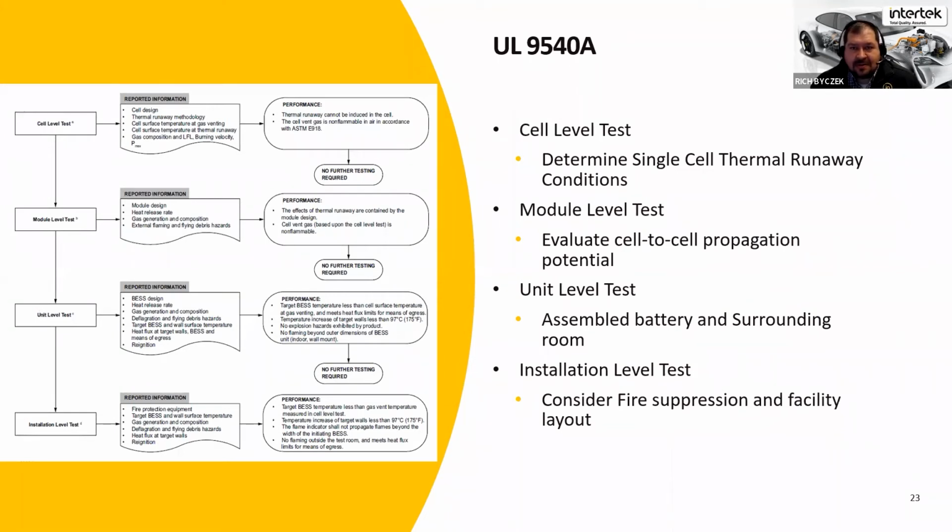Can the enclosure include its own fire suppression internal to the battery system so that the battery is self-extinguishing? Or at the installation level, can I consider the overall installation, including ventilation, fire suppression, sprinkler systems, means for fire departments to access the battery to put it out so that I would be able to put out a potential fire at the system level before it spread beyond that installation room.